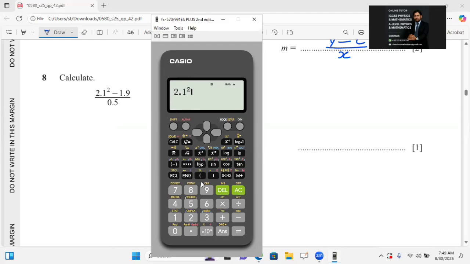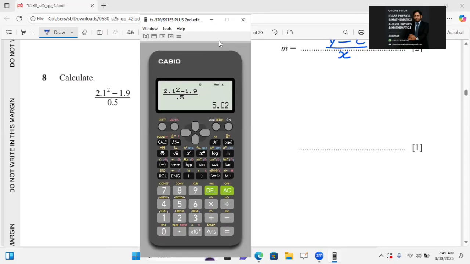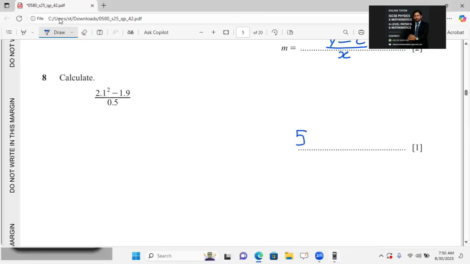I introduced that fraction over here so that I can get the exact answer. 2.1 square minus 1.9 divided by 0.5. How much is the value? This value is 5.02.